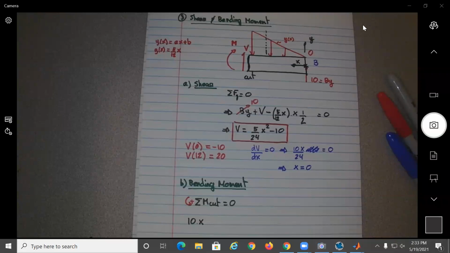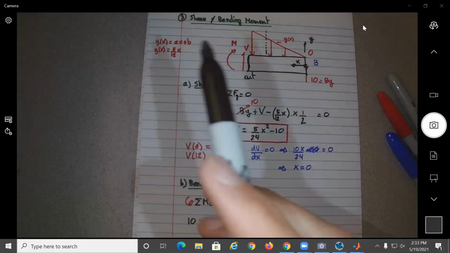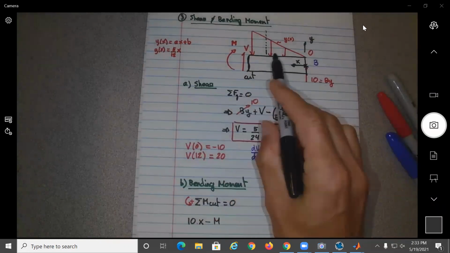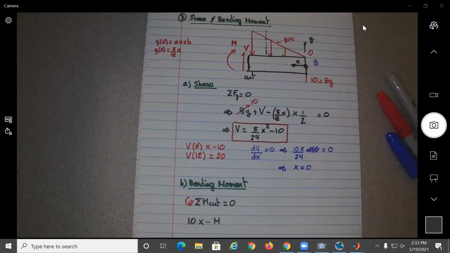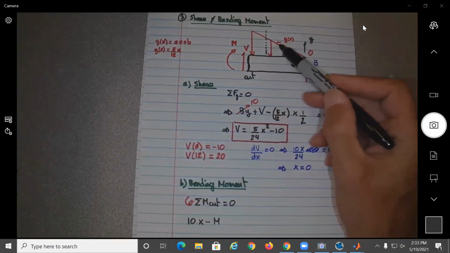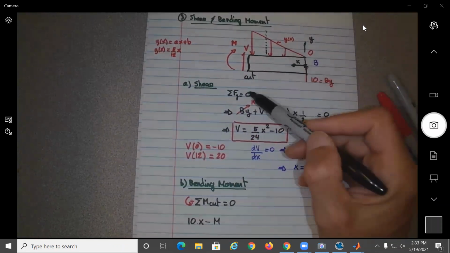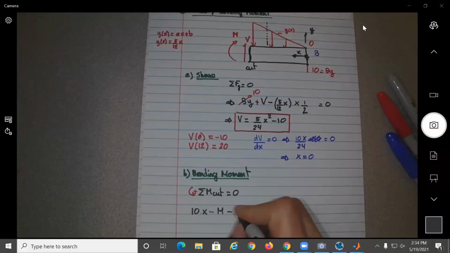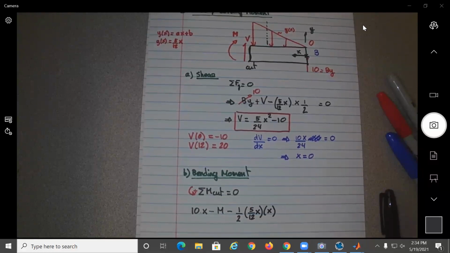All right. Now the next one will be the moment M. Moment M is going clockwise, so that one should be negative. That way we took care of this one and this one, and now we can deal with this load over here, the triangular load. This one will create a moment about the cut going clockwise, so it should be negative. Now, what is the value of the force? The value of the force should be 1/2 of 5 over 12x times x.